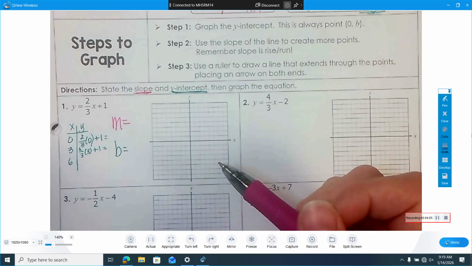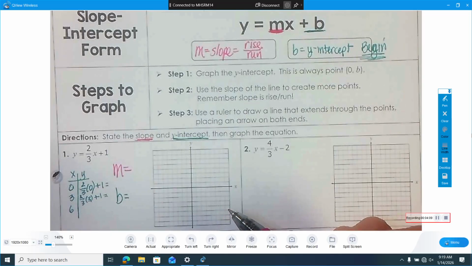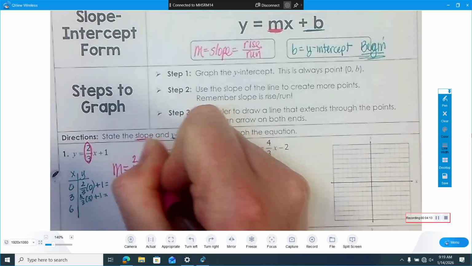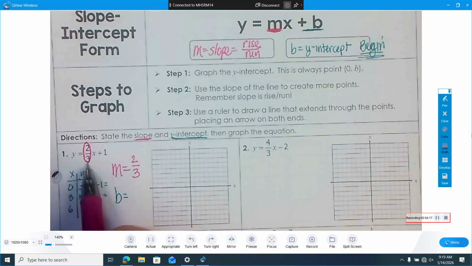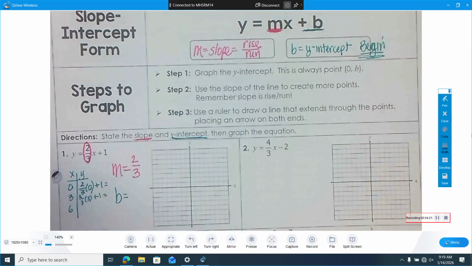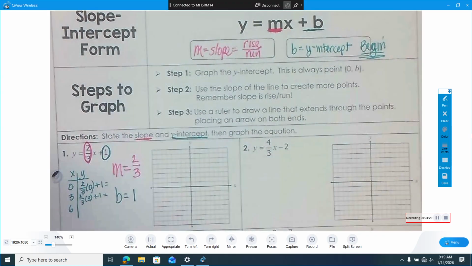Which number represents the m? 2/3 is right. Will you circle 2/3 in your special color? 2/3 is the slope. That's the number in front of x. All right. And what's the b? The 1. Yeah, that's the thing added or subtracted on the end. And that is the y-intercept.